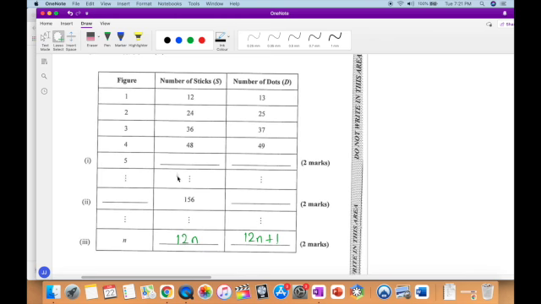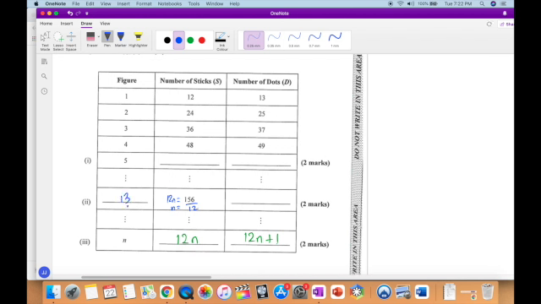So now that I have these formulas, I can actually figure out everything else. Right? So figuring out everything else now, what am I going to get? Well, if 12n is equal to 156, then n is 156 divided by 12. 156 divided by 12 is 13.